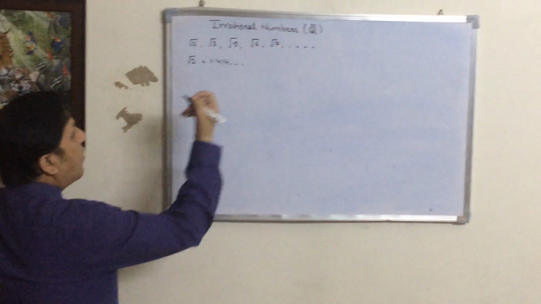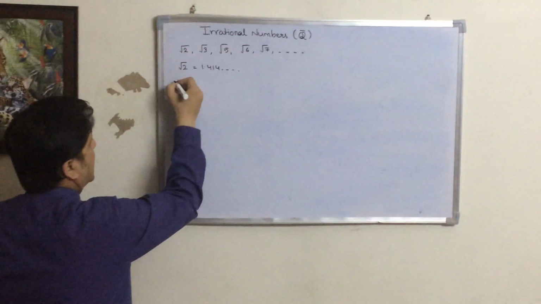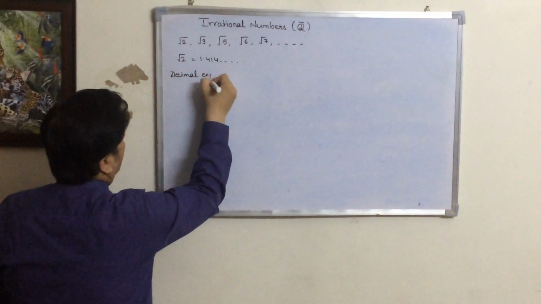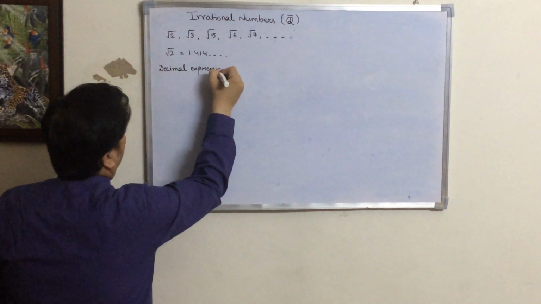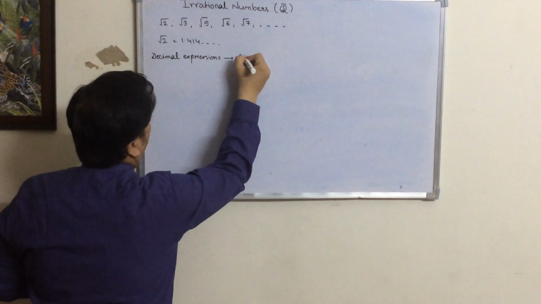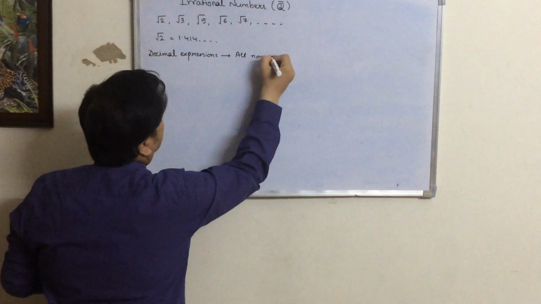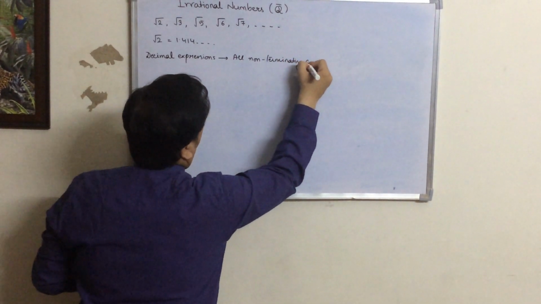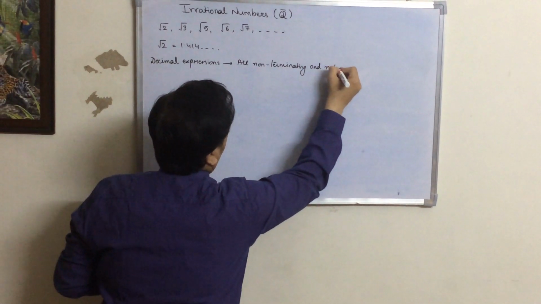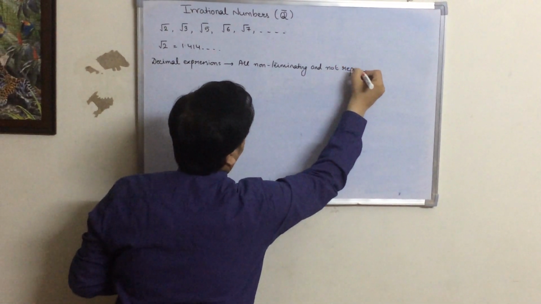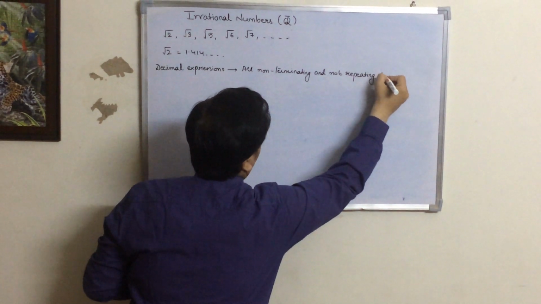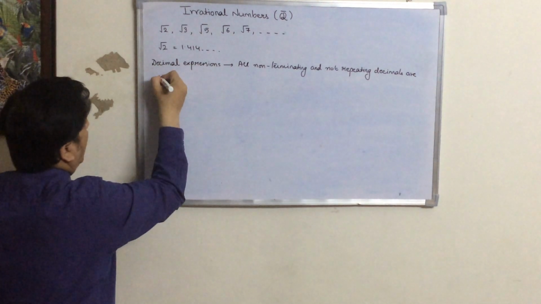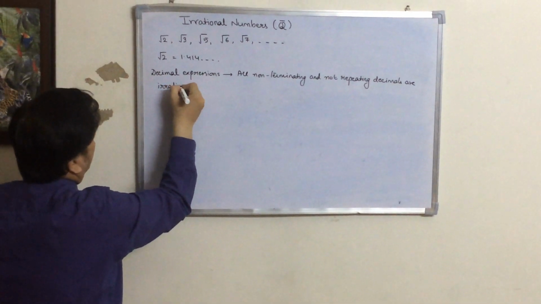Now, when we have to express irrational numbers as decimal expressions, we can say all non-terminating and non-repeating decimals are irrational numbers.